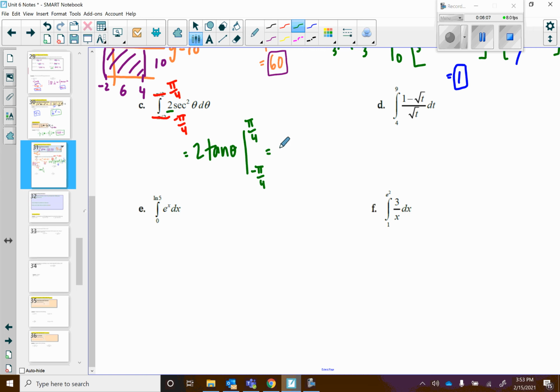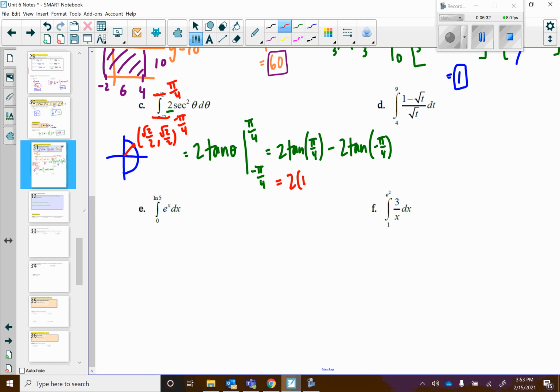I could write that as 2 tangent of π/4 minus 2 tangent of -π/4. Got to think about your unit circle. I know that π/4 is right here, square root of 2/2, square root of 2/2. So that means tangent of π/4 is 1.